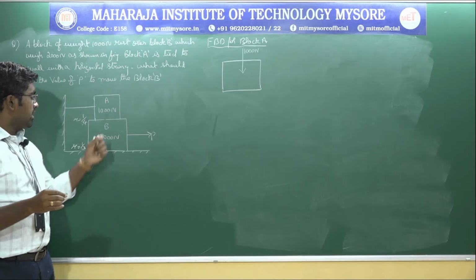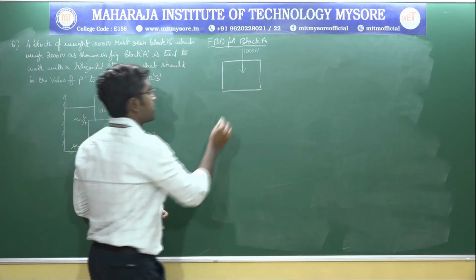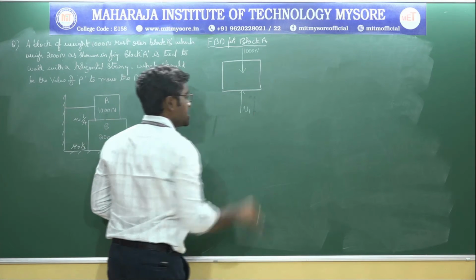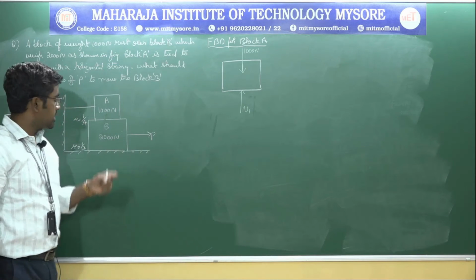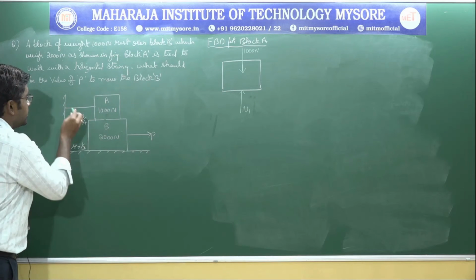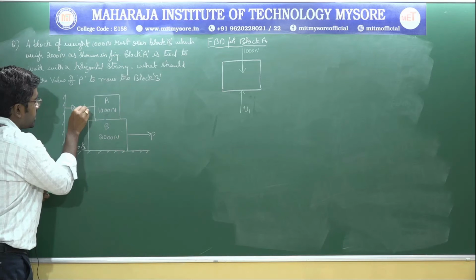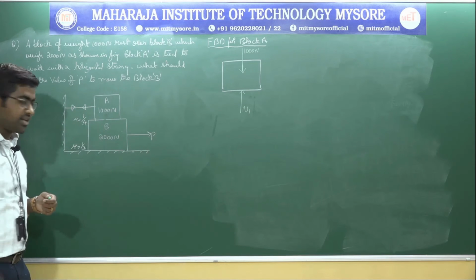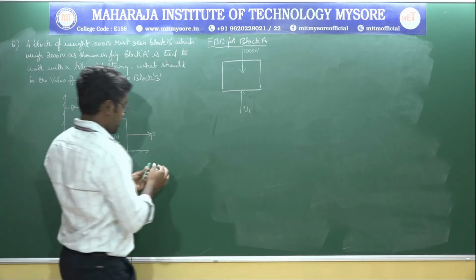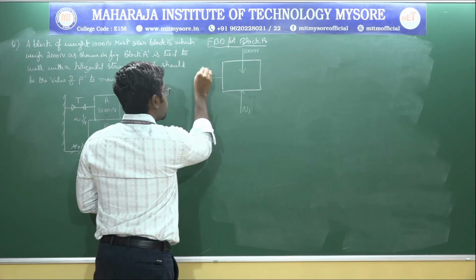And there will be a normal reaction which is offered by block B on block A, and let me call it N1. N1 is the normal reaction offered by block B on block A. And this is the horizontal string, and in the string there will always be tension. Let me denote it as T, right?